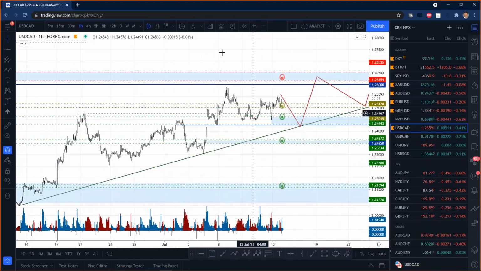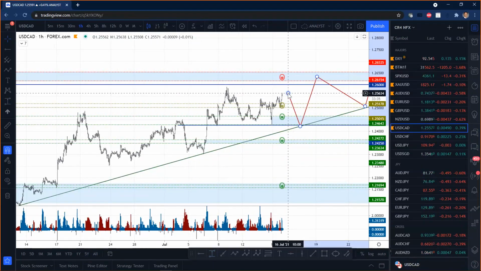So the key is to look at the bigger picture, formulate your view of where the market is moving overall, where your bias is going to be. Is it going to be to the upside? Is it going to be the downside? Dollar CAD is overall to the upside for not only technical reasons, but also with oil looking potentially weak, which has an effect on the Canadian dollar.